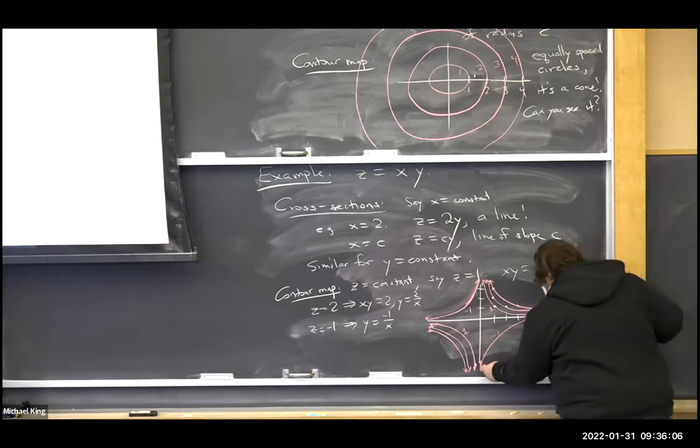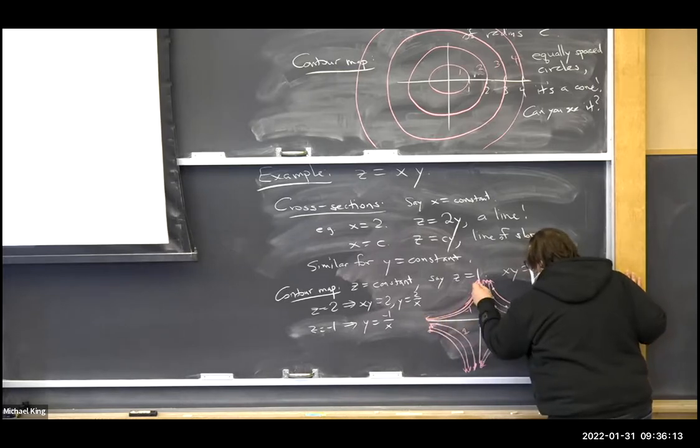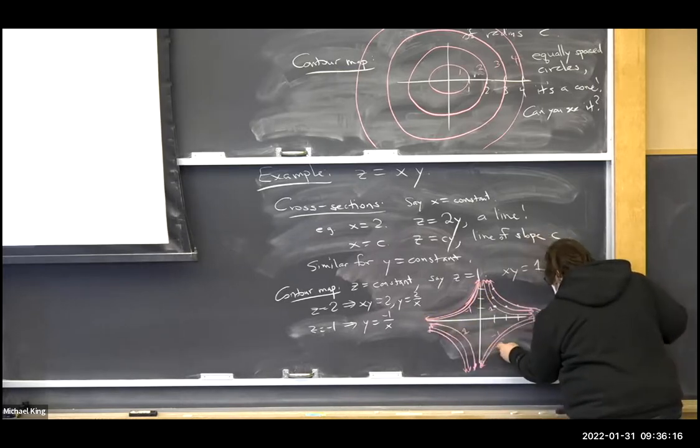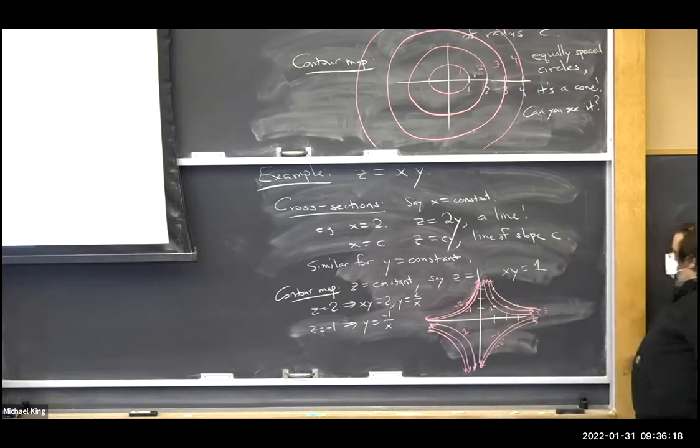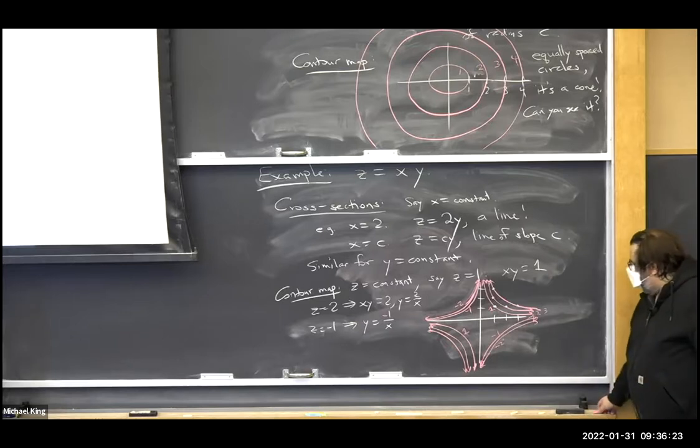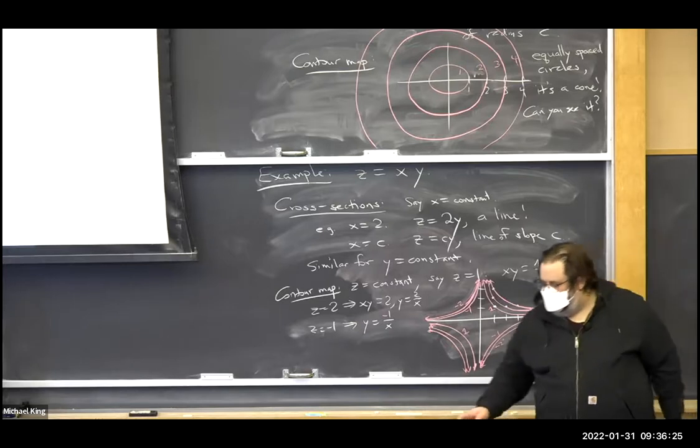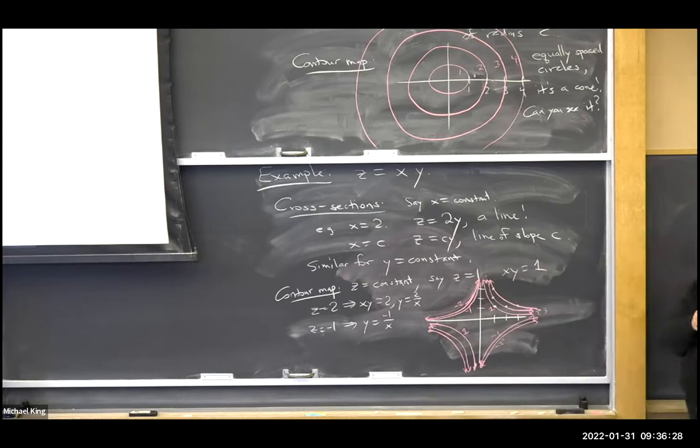What about the contour at height 0? We don't have the 0 contour here. What's the 0 contour? Somebody tell me. Is it both axes? Yeah, if x times y equals 0, then either x equals 0 or y equals 0, right?